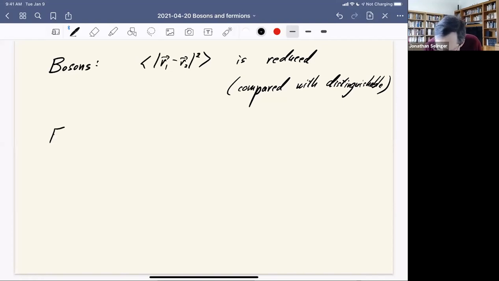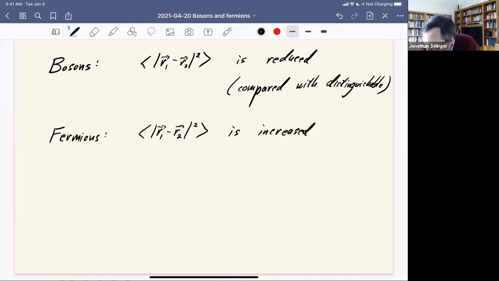And for fermions, it's the other way around. For fermions, the separation average is increased, again, compared with distinguishable.